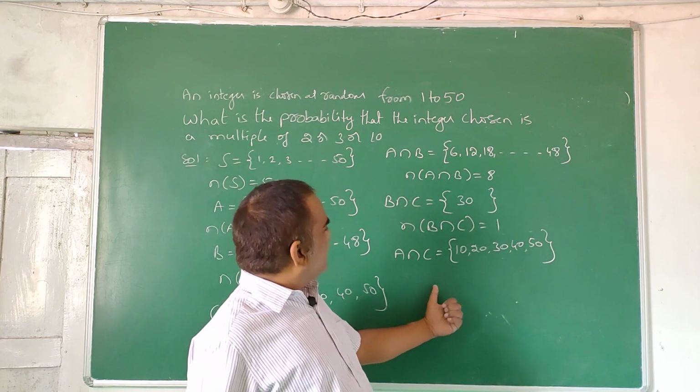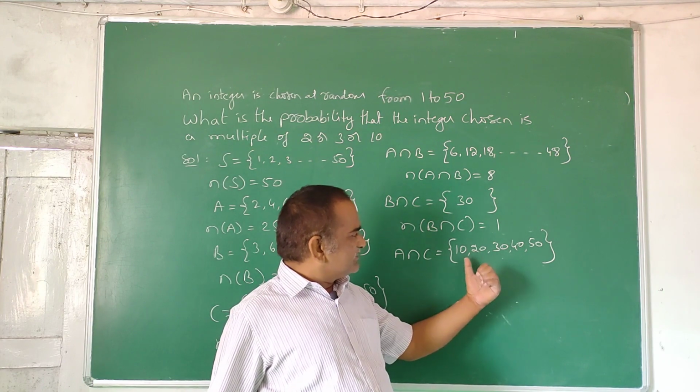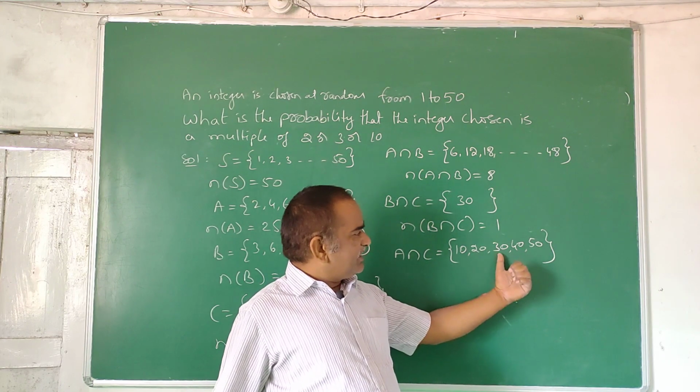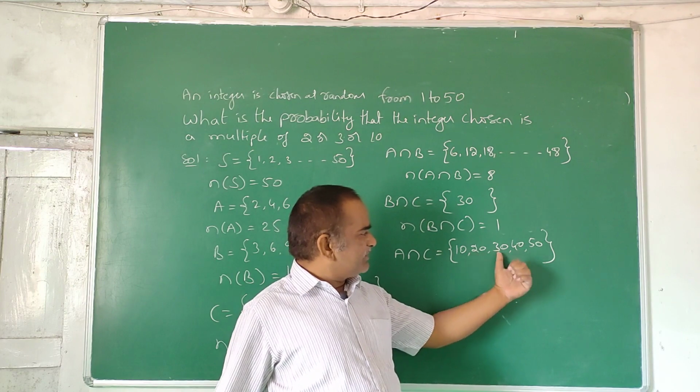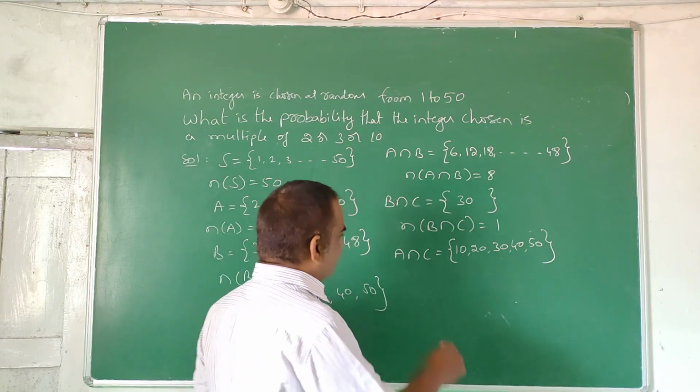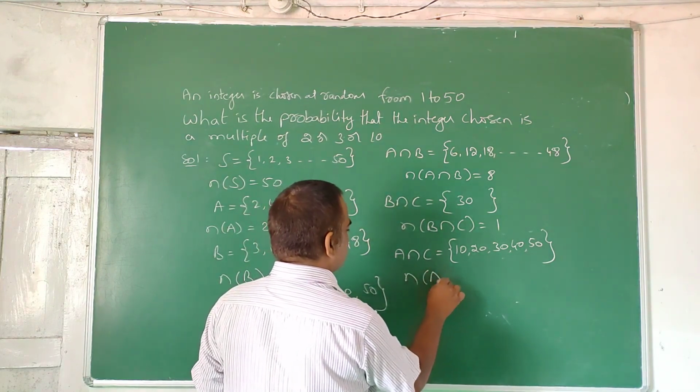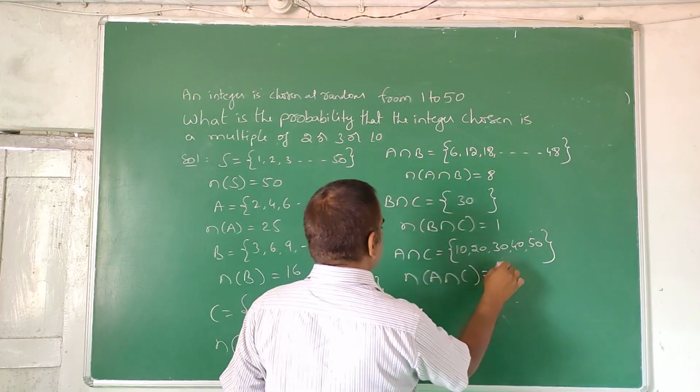Multiple of 2 and as well multiple of 10: 10, 20, 30, 40, 50. 1, 2, 3, 4, 5. So n(A intersection C) is equal to 5.